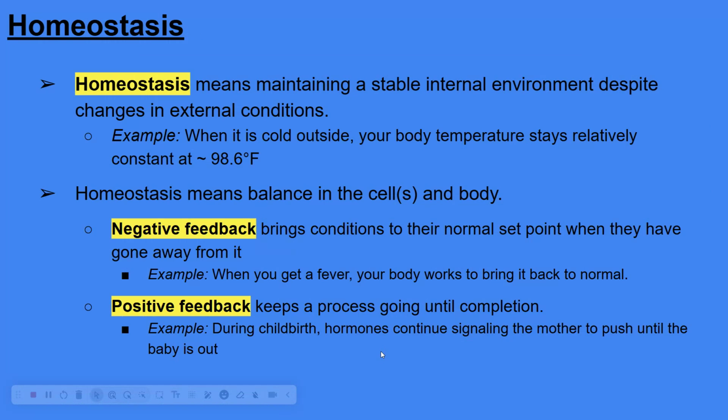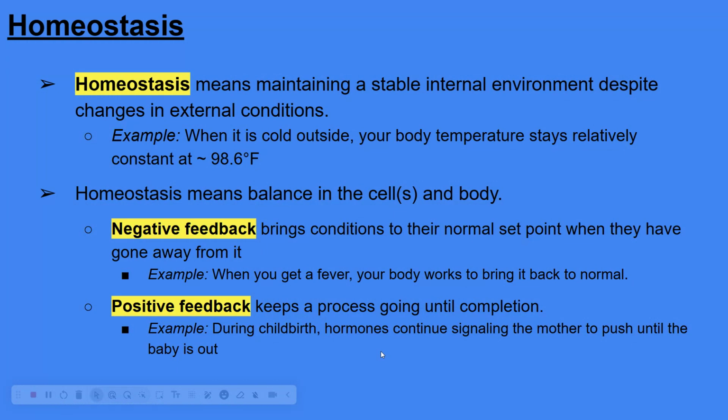If you go outside when it's 30 degrees out, your body temperature doesn't just go to 30 degrees. Chances are, even if you feel like you are going to have hypothermia, your body temperature is well above 90 degrees, and this is because your cells are trying to keep you and your body in homeostasis.